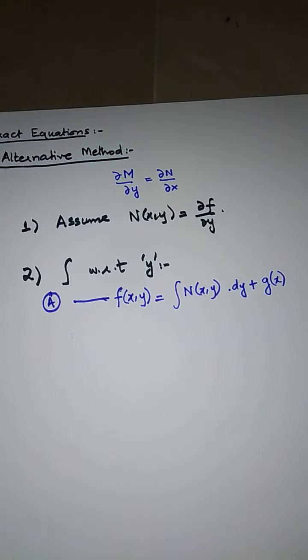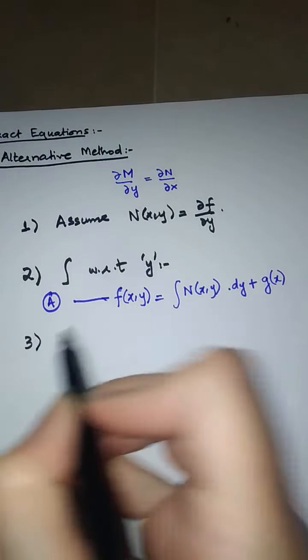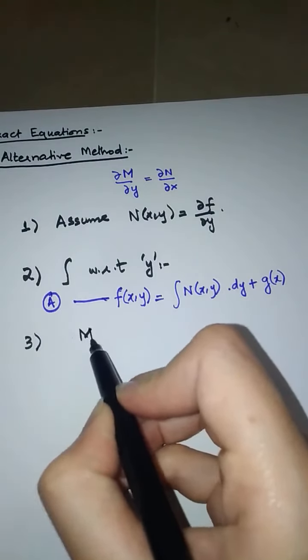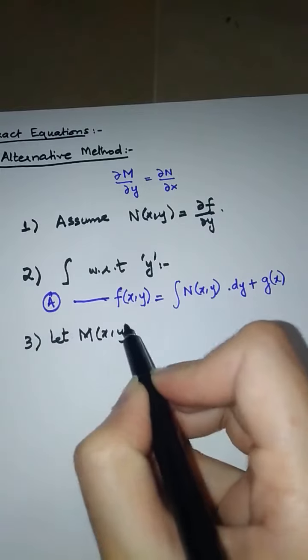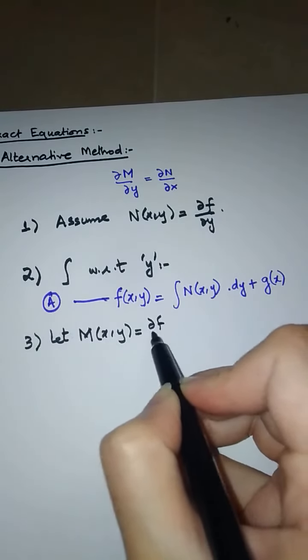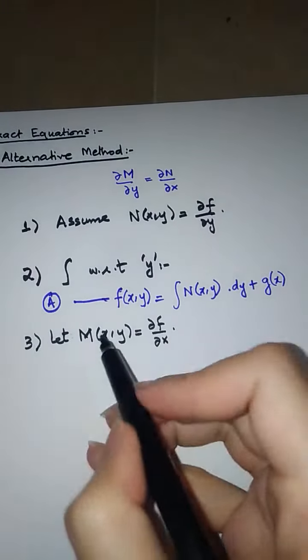Third step, now we have to relate this N with M. So in the third step, let M(x,y) equal partial f by partial x.